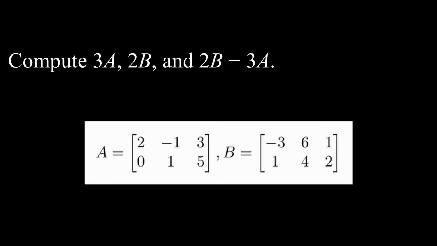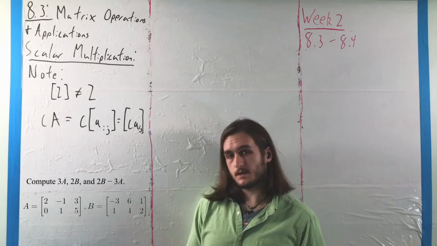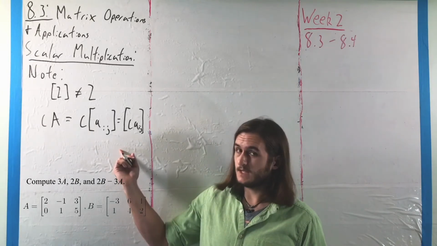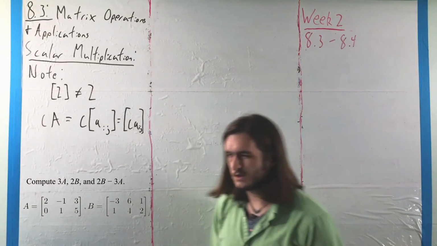So these are both 2 by 3 matrices, where we want to compute 3A, 2B, and 2B minus 3A. Essentially, we want to put them together. So for this, what we're going to do is much like with the addition and subtraction, take things in terms of each of the pieces, just going through carefully.